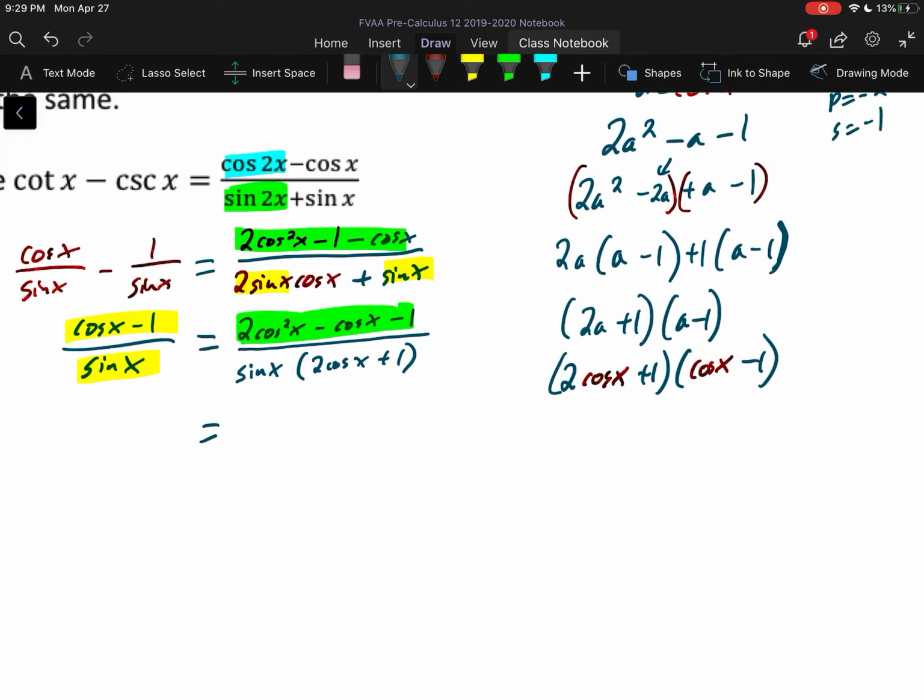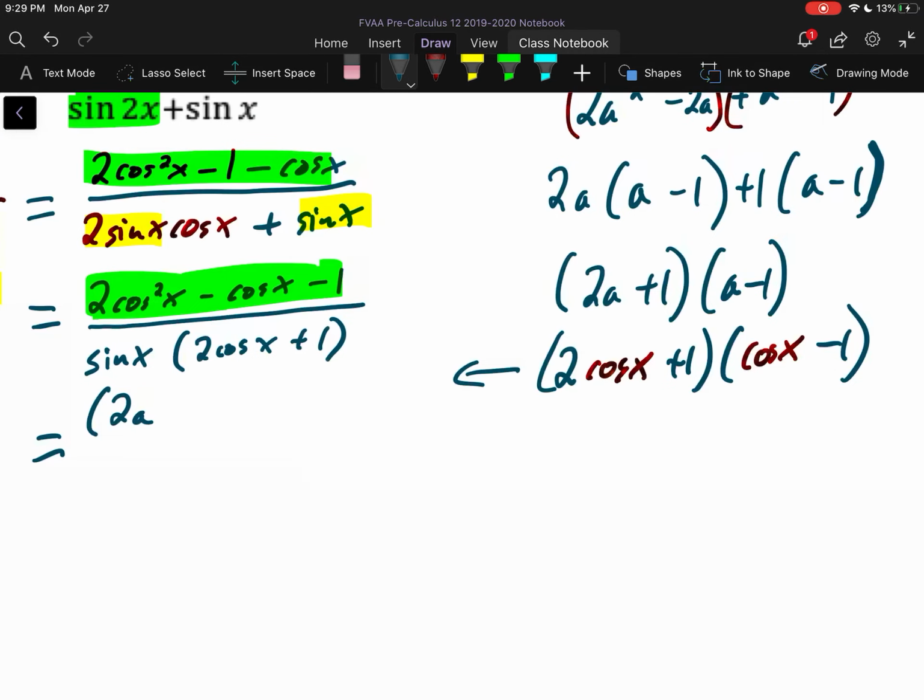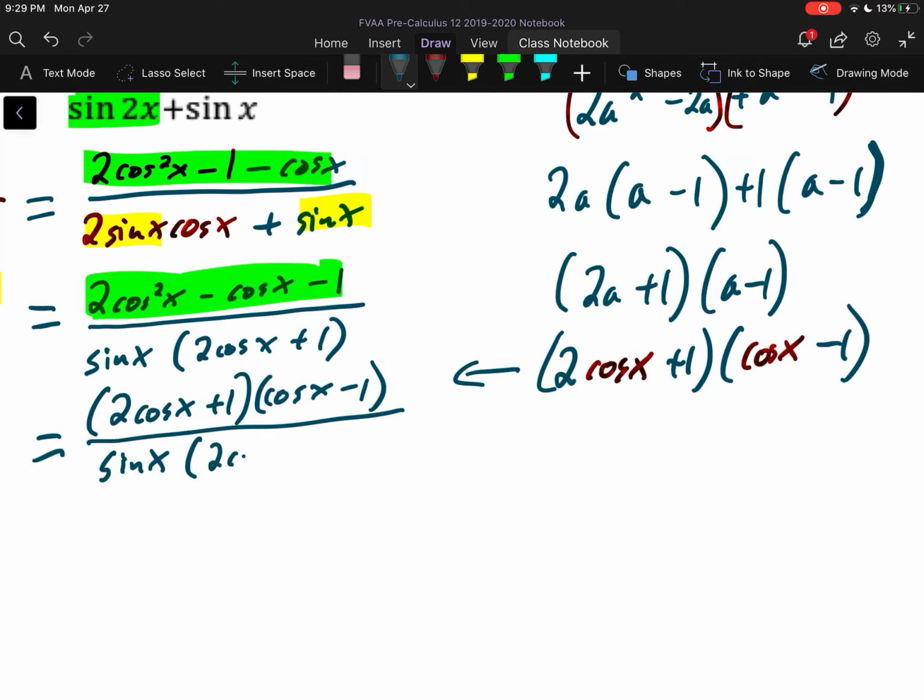I'm hoping that you're seeing the potential for this, right? Because here, if I put this over here, 2a, let me zoom in a little bit, 2a, oh sorry, not a anymore, 2 cos x plus 1, and then cos x minus 1 over what I had already down here, 2 cos x plus 1.